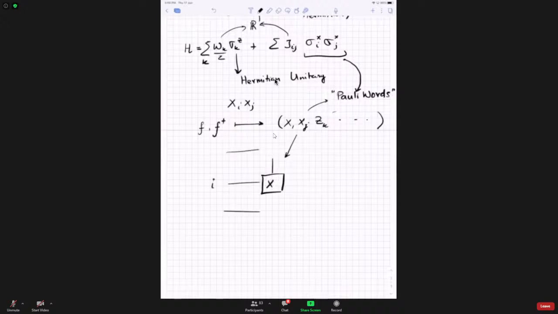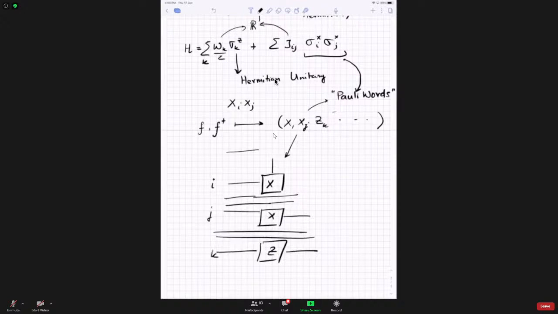On the ith site you put an X there, on the jth site you put an X there, and on the kth site you put a Z. That construction of a quantum circuit, with no other details, already implements XXZ. So it implements these kinds of Pauli words very easily. You just take all nearest neighbors or all possible neighbors, depending on the Hamiltonian, and simply implement a product of X's.